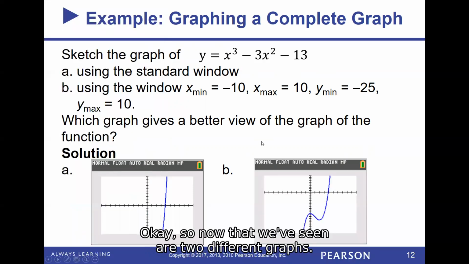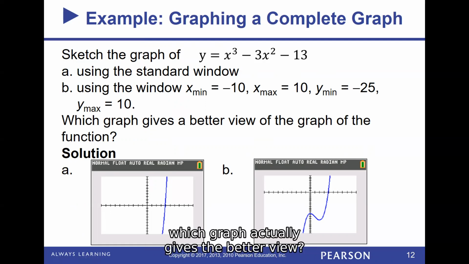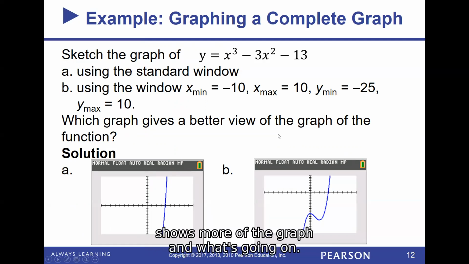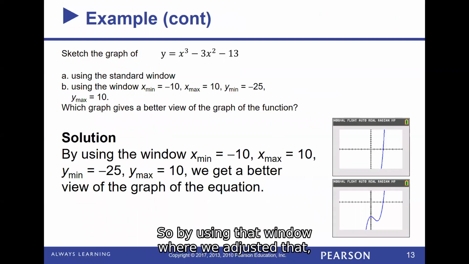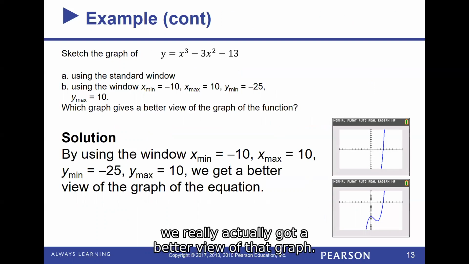Okay, so now that we've seen our 2 different graphs, which graph gives the better view? Well, it's kind of obvious when we really sit down and look at it. I would definitely say the one that shows more of the graph and what's going on. So by using that window where we adjusted that Y-min down to -25, we really actually got a better view of that graph.